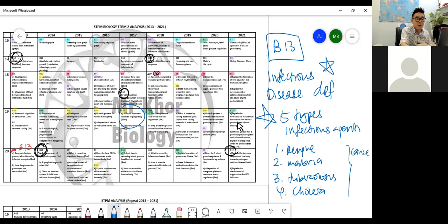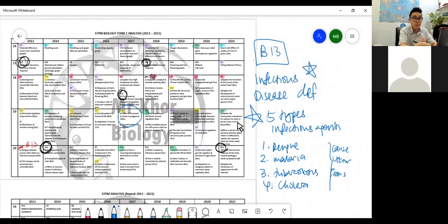If there's a vector, like malaria, like dengue, then the transmission, symptom if got, then what are the roles? It's like what I call BM karangan. Apakah punca, apakah symptom, apakah peranan.